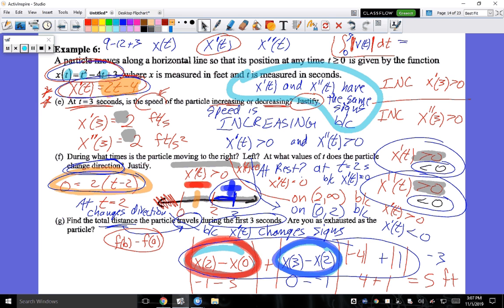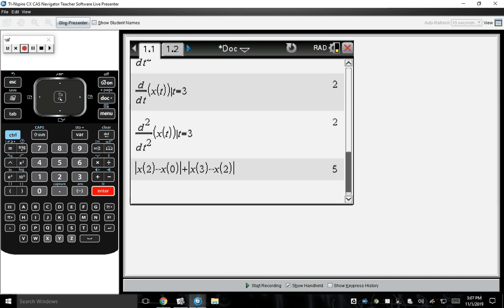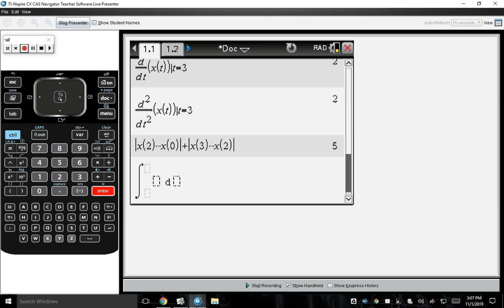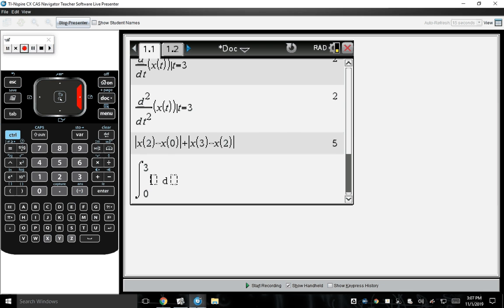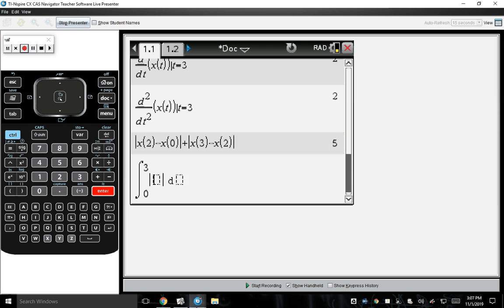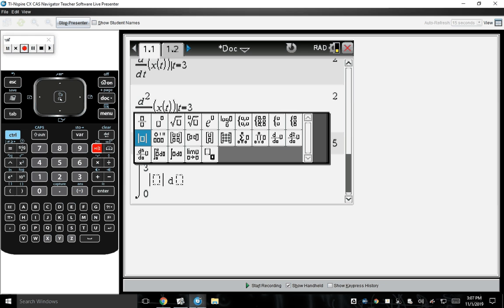So if we put this into our calculator, here we go, we're going to say the integral, which we have to press that key next to the number 9, and it's this button right here. We're going to say from 0 to 3 seconds, we're going to do the absolute value of the velocity function. Now, the velocity function is not x of t that I have stored, it's the derivative of x of t.